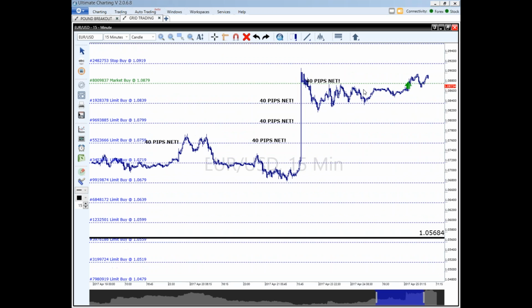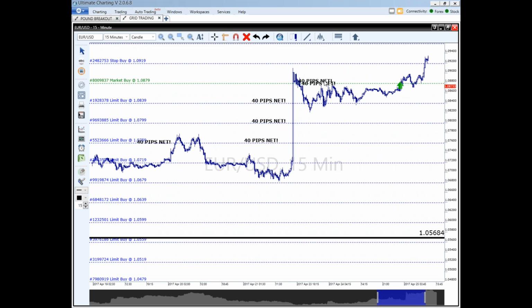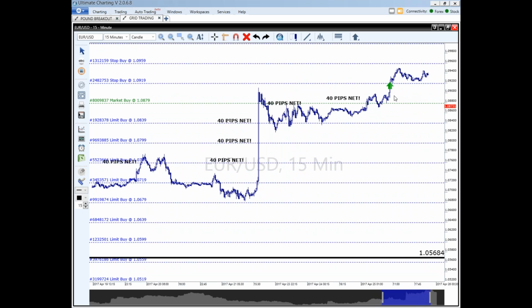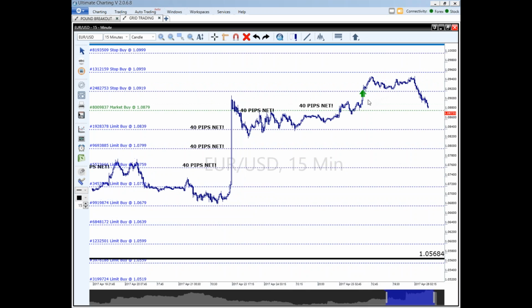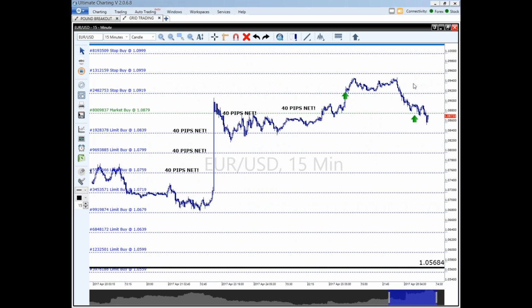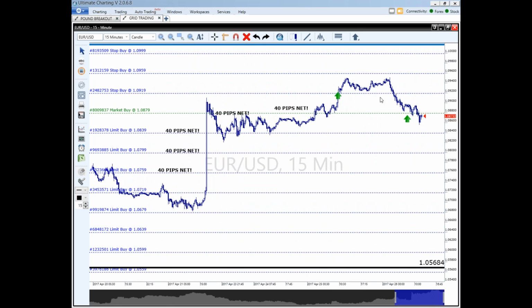Size back in, 40 pips net. Size back in. Strategically takes us into the trade as it retraces. And here's where we're at right now. So if this wave comes back up to this line, we just made another 40 pips net. Having a Y or a yes here, if you see how this works.